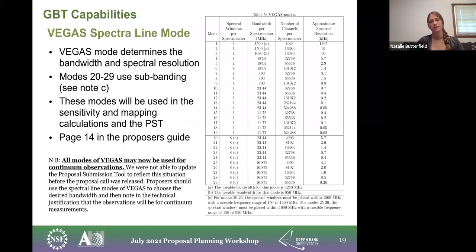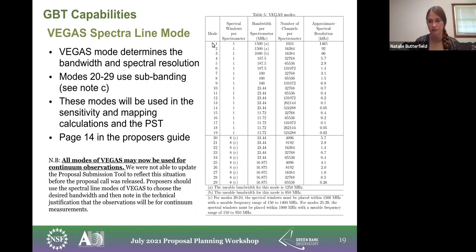All right, so the Vegas spectral line mode. You can see we have up to 29 different modes for Vegas. Each one of these different modes basically corresponds to a different bandwidth and spectral resolution. Depending on what type of science you're doing, and what frequency you're observing at, which of the spectral modes you would want to use can vary.